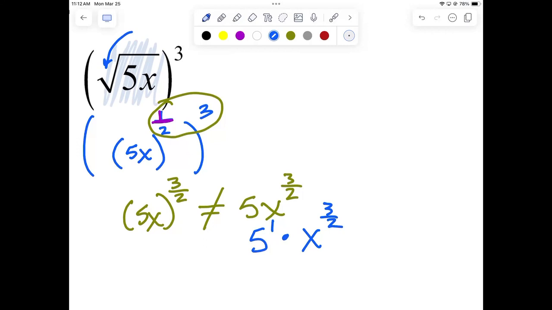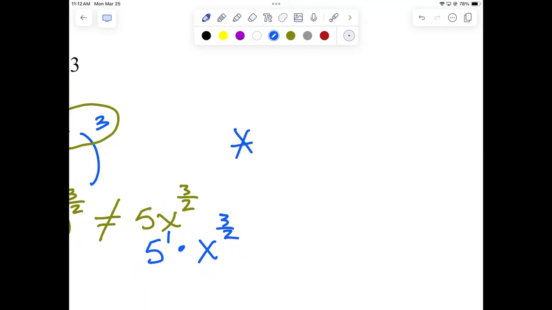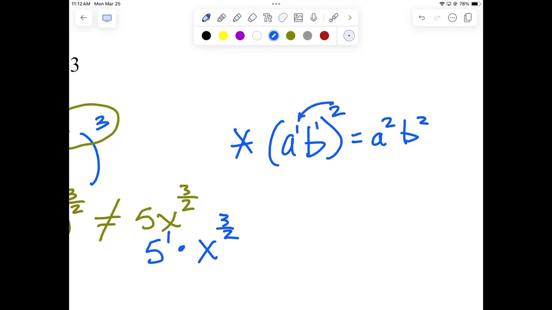Now, here's another advantage to having the exponent as a fraction. I can use the rule of exponents. Remember this? If you have a times b to the 2nd power, that's the same as a squared b squared. It's like having a 1 on both of them and multiplying the exponent times both of them.